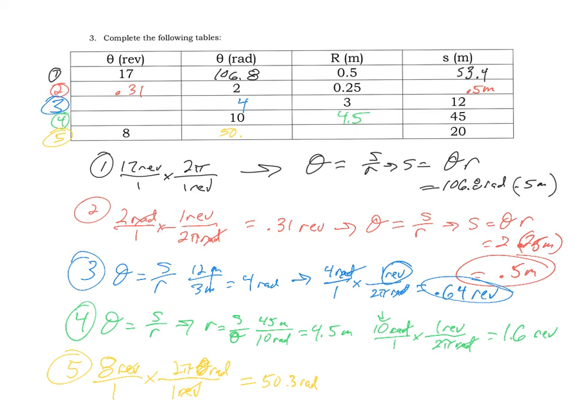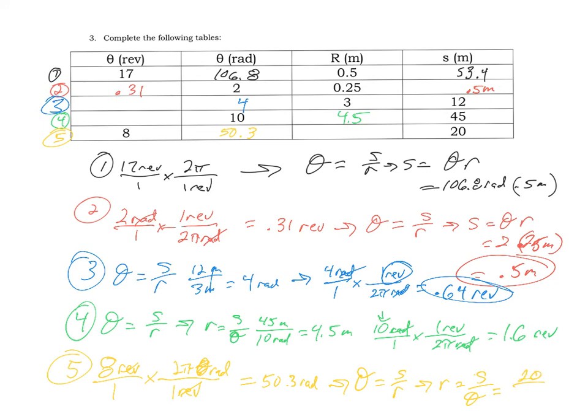All right. You with me? All right, now I need radius. So I'm going radians equals S over R, which means R equals S over radians, which equals my S, which is 20.